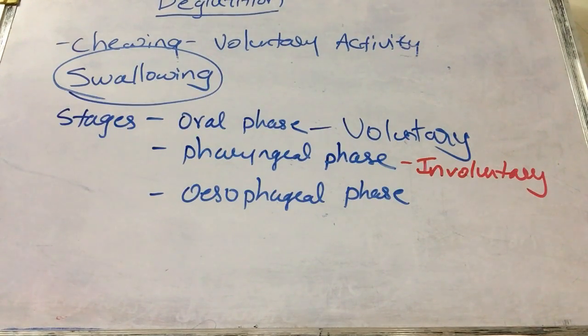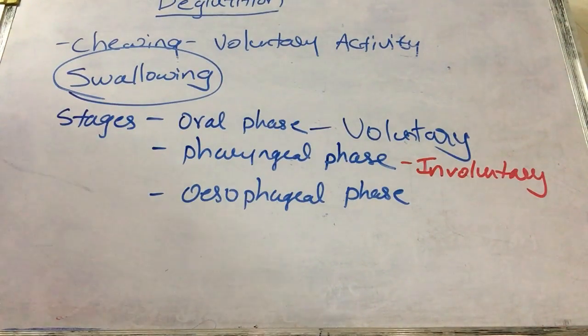So, the major objective of the pharyngeal phase is to push the food bolus into the esophagus without letting it enter into the airway. Any reflex pathway should have a receptor, afferent, center and efferent, isn't it?